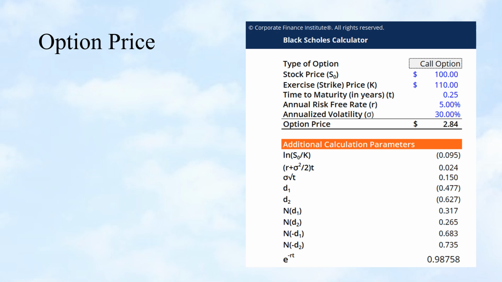Without any risk, you will get the minimum interest. That is called the annual risk-free rate. Then the volatility, which we discussed, the standard deviation of the share price. These are all things we will calculate for the purpose of option pricing using the Black-Scholes model.